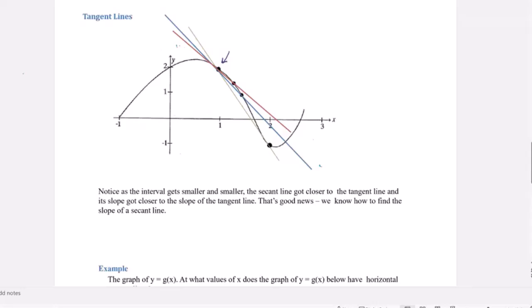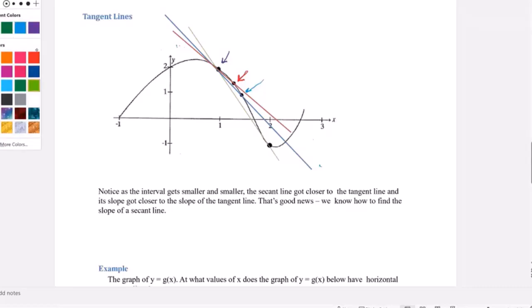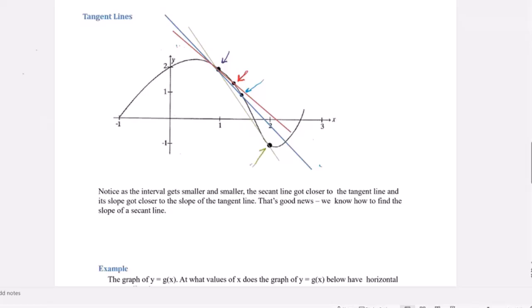What I did here is I drew lines between each one of these points as long as they connected to the point at 1. So the red line goes through this point. The blue line goes through this point. The green line goes through this point.